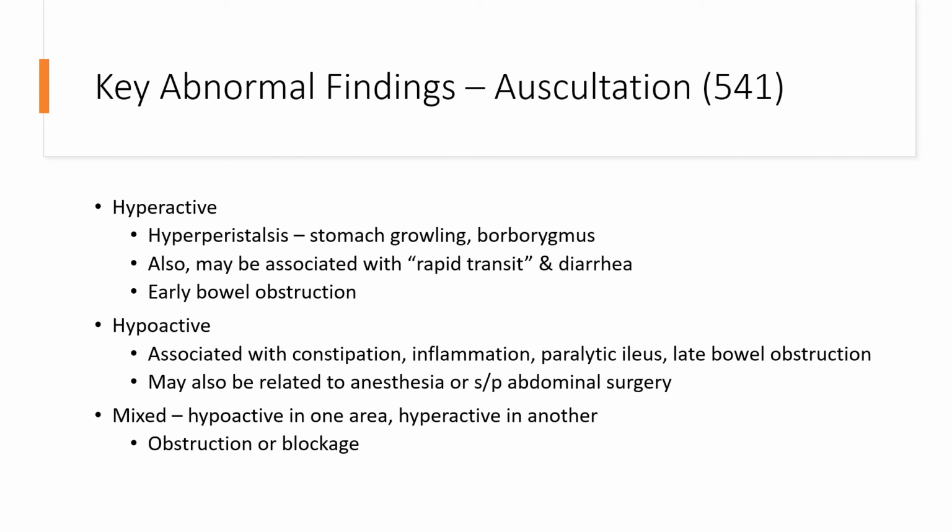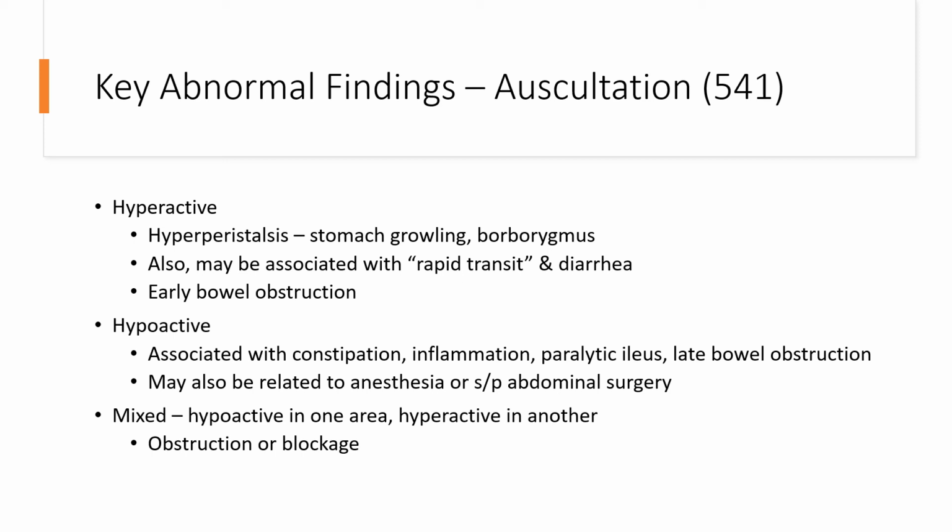All right. So when you auscultate, key abnormal findings could be hyperactive or hypoactive bowel sounds. Remember, hyperactive is more than 34 sounds in a minute. This can be related to hyperperistalsis, which could be normal if your stomach's growling. That's also called borborygmus.